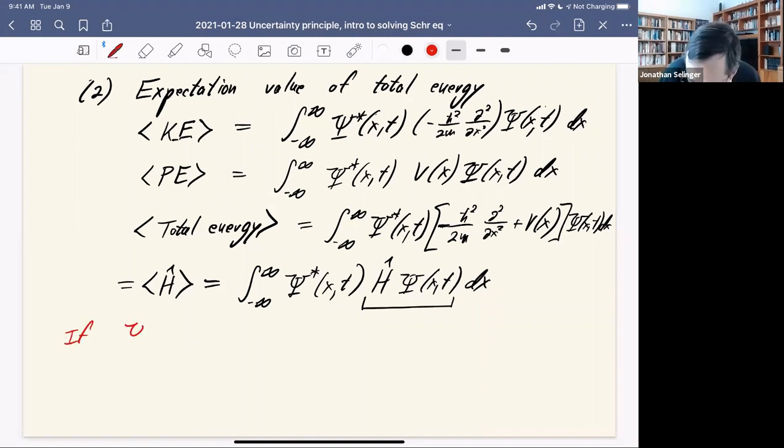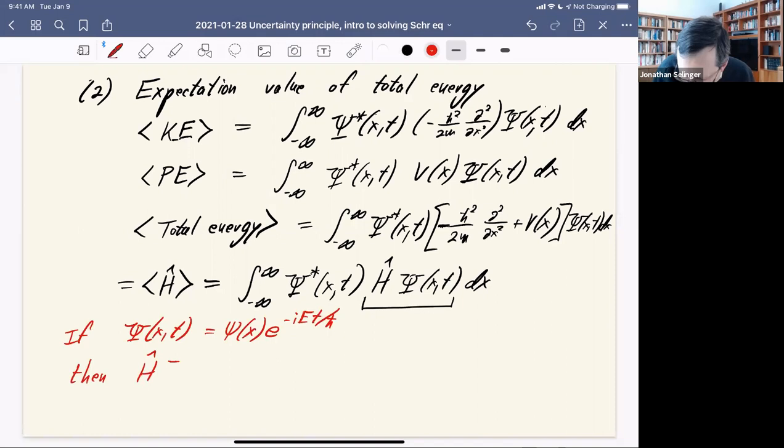If psi of x and t is one of these separable states, little psi times e to the minus i E t over h bar, then the Hamiltonian operator acting on this is the same as the Hamiltonian operator acting on little psi times this exponential factor.